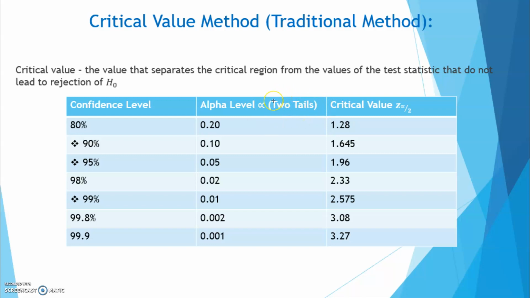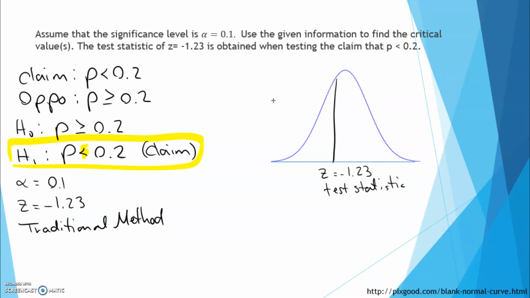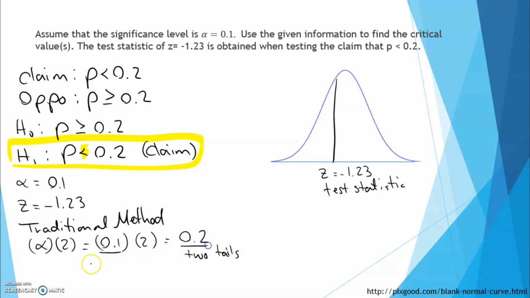So what we need to do is go back to our alpha and multiply it by 2. So alpha times 2, that would be 0.1 times 2, or 0.2. Okay, so this alpha is in two tails. This alpha right here, this alpha is in one tail.